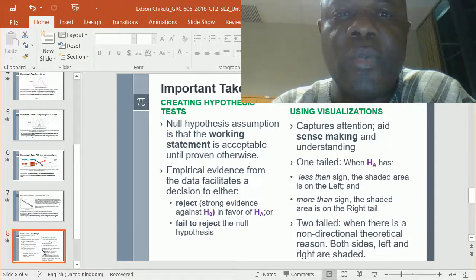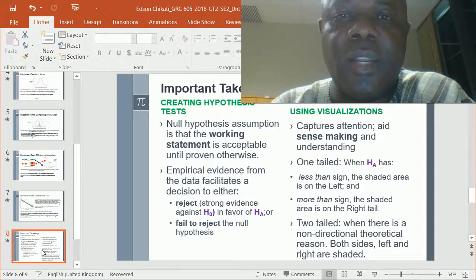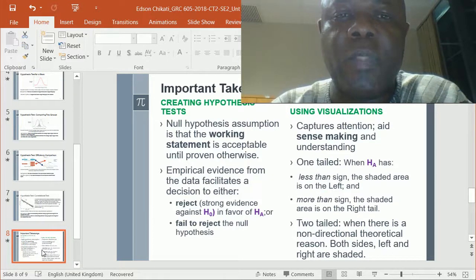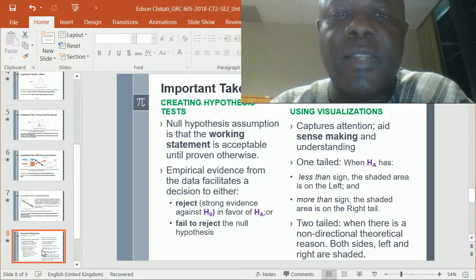2, we have one-tailed or two-tailed tests. When an alternative hypothesis has a less than sign, the shaded area is on the left. Conversely, when an alternative hypothesis has a more than sign, the shaded area is on the right tail.